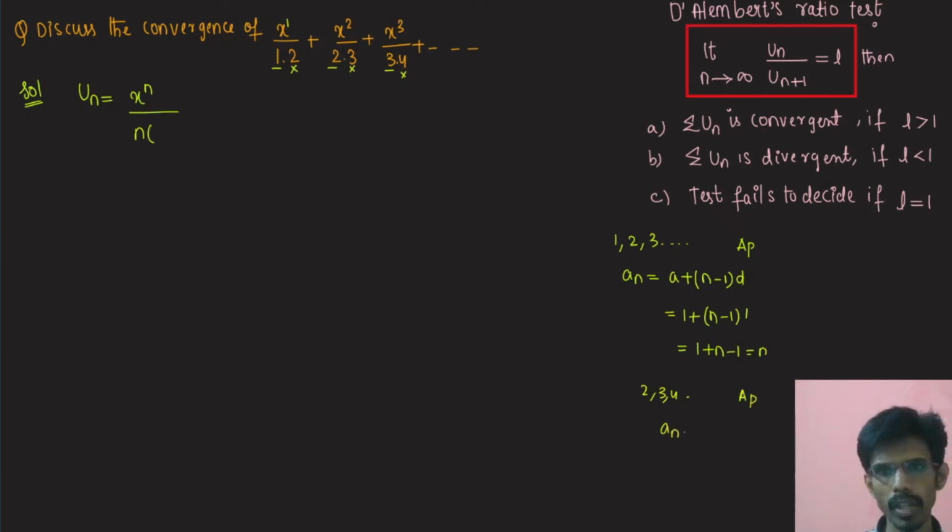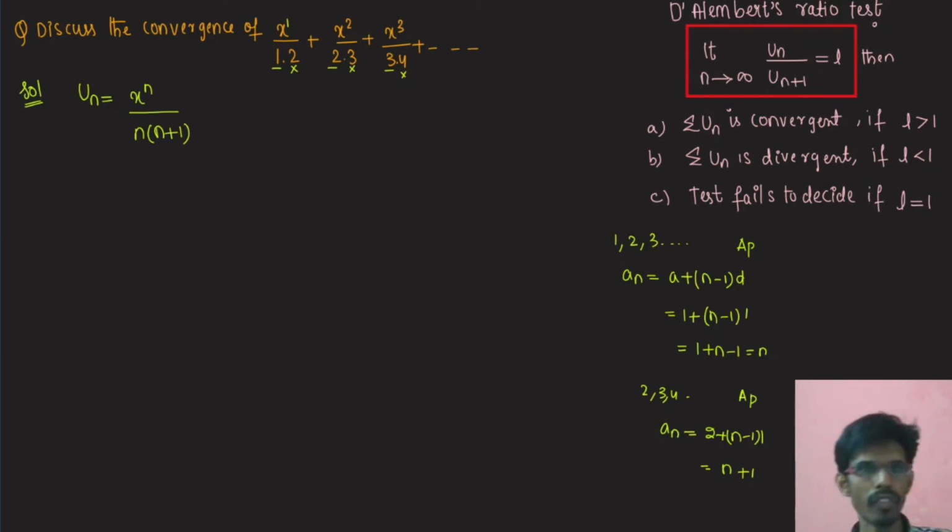So general term an will be 2 plus n minus 1 into d, where d is 1. So we get n plus 1 as the general term for the second series. So we got x power n upon n into n plus 1.